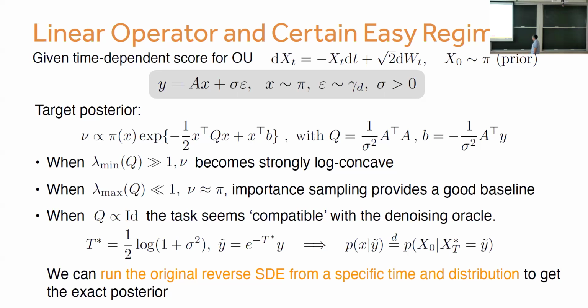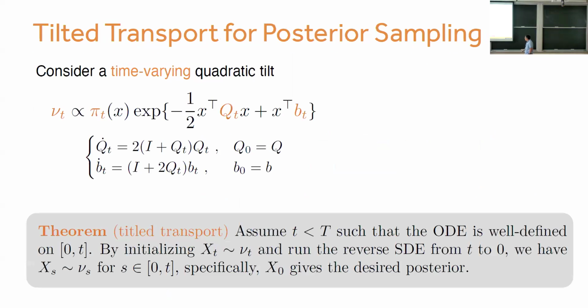So this is a nice observation, and our main result is trying to generalize this result for the general Q. The key reason we can make this generalization is because under the linear measurement model, the quadratic tilt part has a very compatible structure with our reverse SDE.